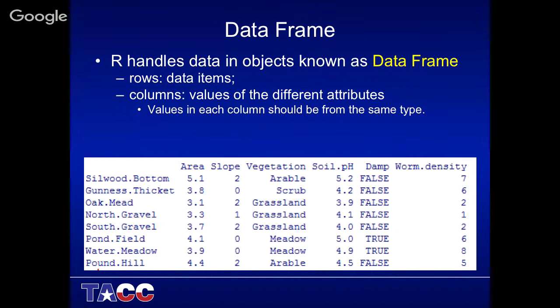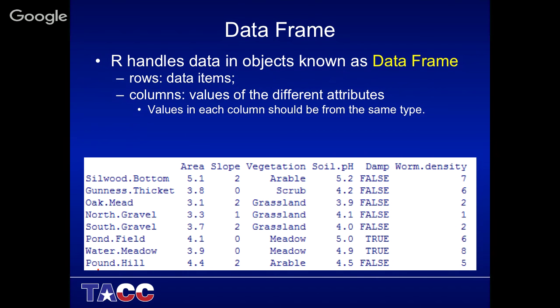So this is perhaps the most important data structure. You would probably almost by default use this. It's called the data frame, and the best way to think of it is that it's analogous to an Excel spreadsheet.